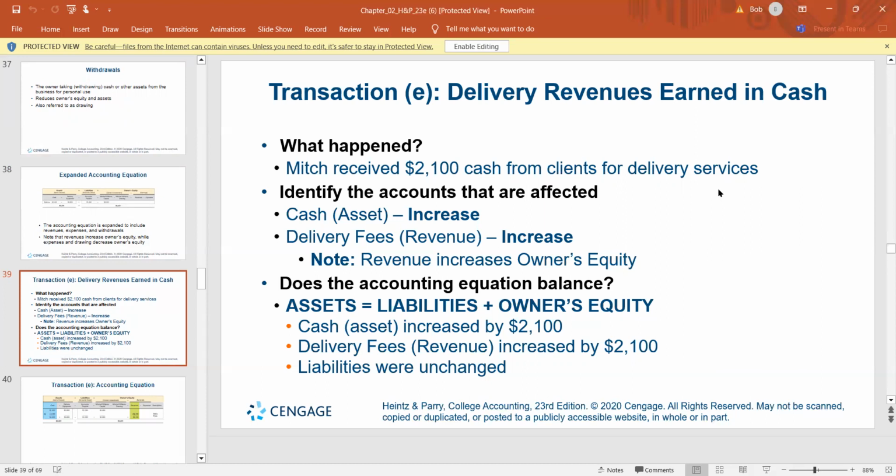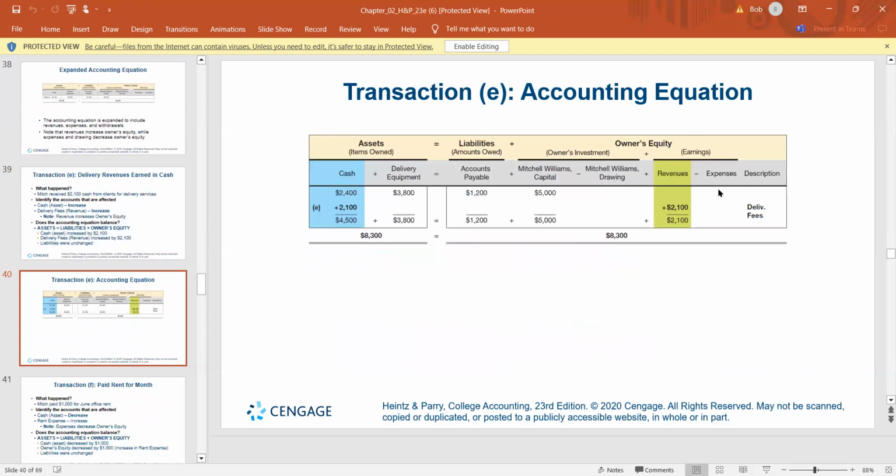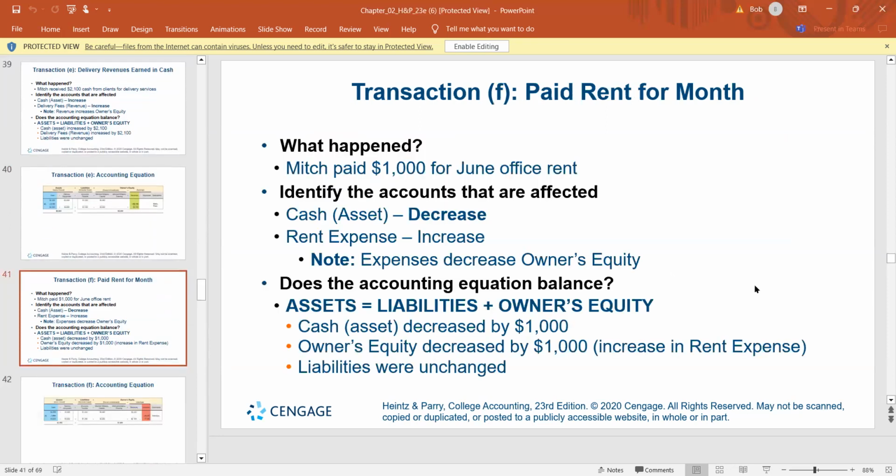Cash is going to go up, which is an asset. Delivery fees, which is a revenue account, is also going to go up. So let's see how it looks. Assets: cash went up $2,100. Revenues went up $2,100, and we're still in balance. Assets equal liabilities plus equity.